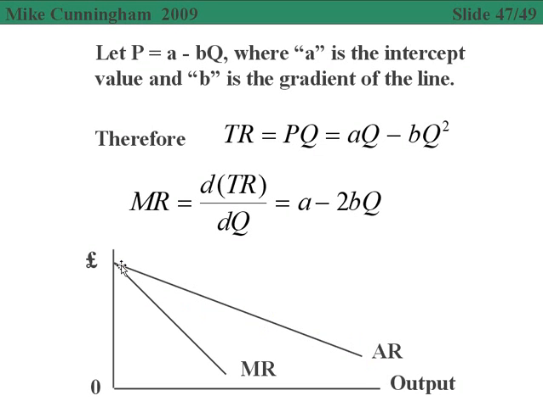The intercept term is A, and the gradient is minus B. Then we've got the marginal revenue curve, and its slope is minus 2B, while the slope of the average revenue is minus B. So whenever the average revenue is a straight line, the marginal revenue will start at the same intercept term, A, but it'll have twice the slope, twice the gradient.